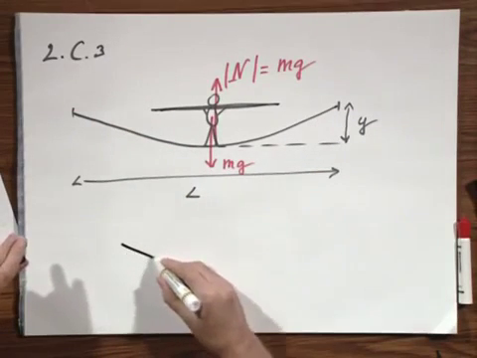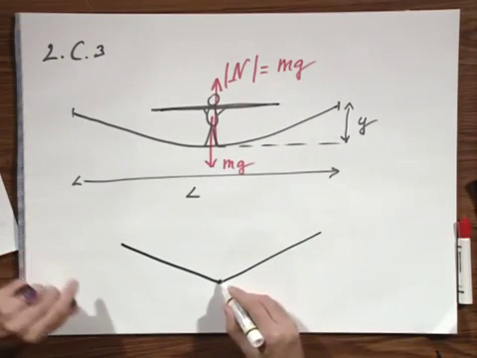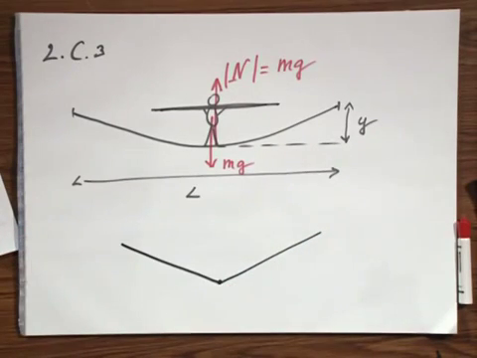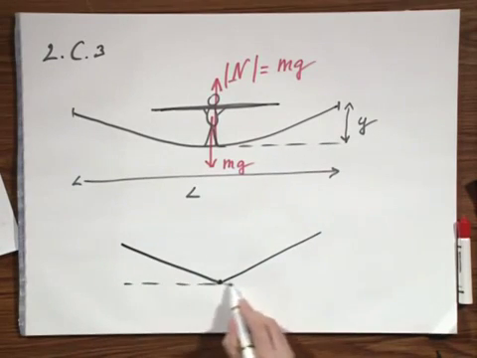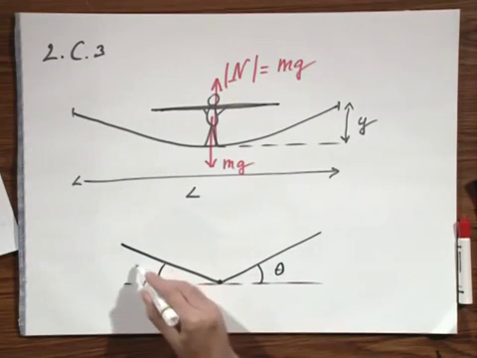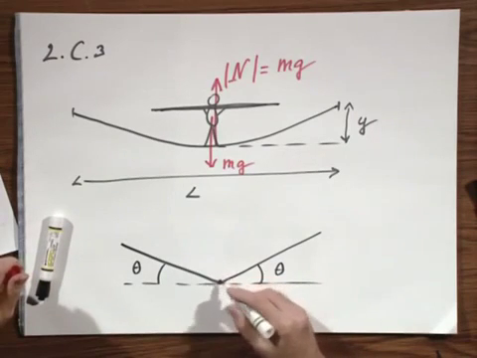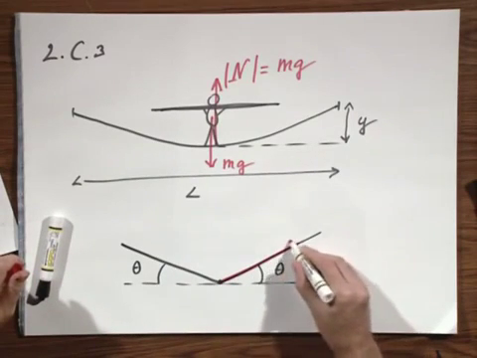Now let me simplify the rope a little bit. This is the position where the walker stands, and let the angle here be theta, and this angle also be theta, and so there is a tension in this rope pulling to the right.